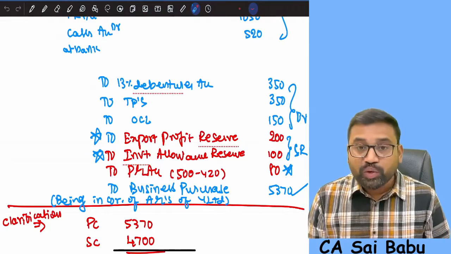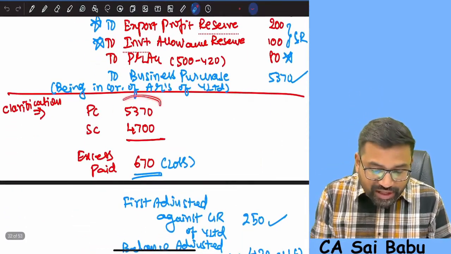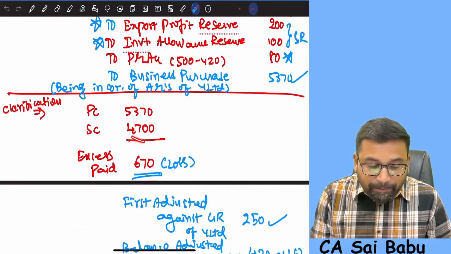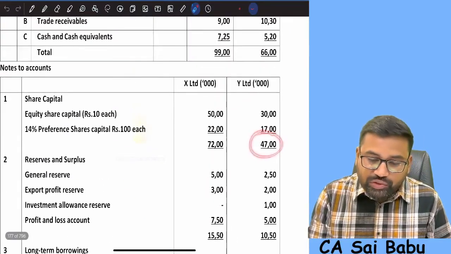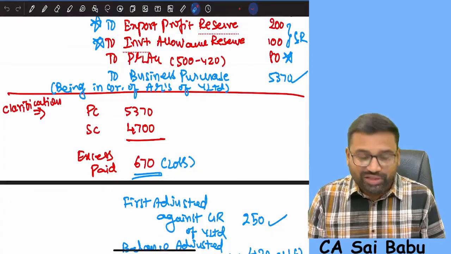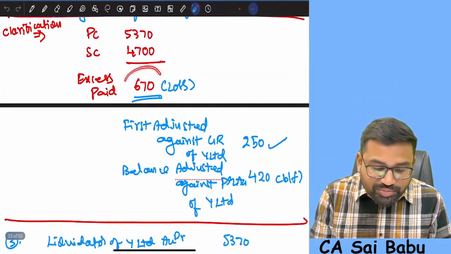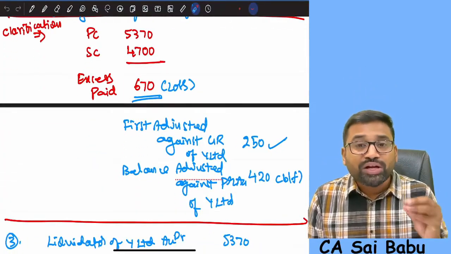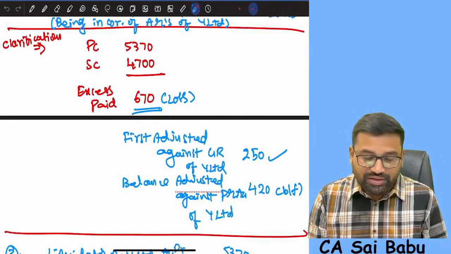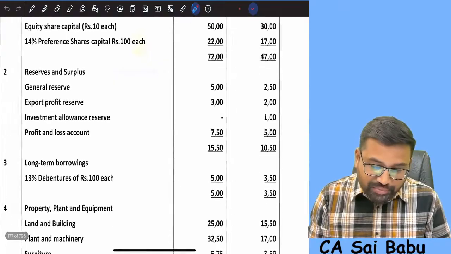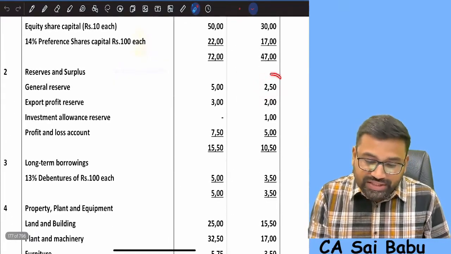If it is the pooling of interest method, I told you, PC we are paying is 5,370. We need to compare with the share capital of the transferor company. What is the share capital of the transferor company? 4,700, because that is exactly the worth of business we are taking. That means our PC is more than share capital, a 670 loss. Now this loss is first adjusted against the free reserves of the transferor company. General reserve is there, 250, adjust.